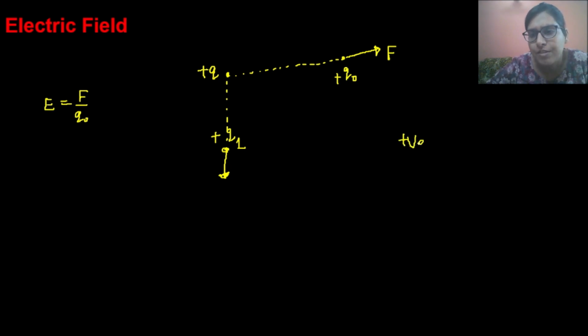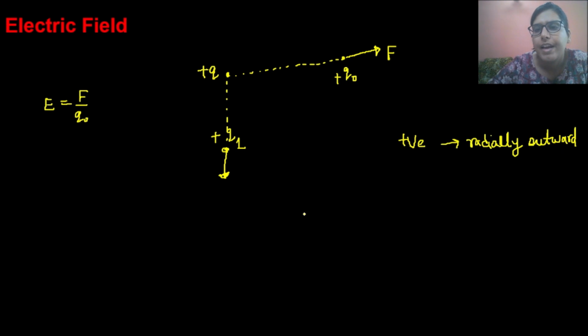So for a positive charge, electric field intensity will be radially outward, and for a negative charge body it will be radially inward direction.